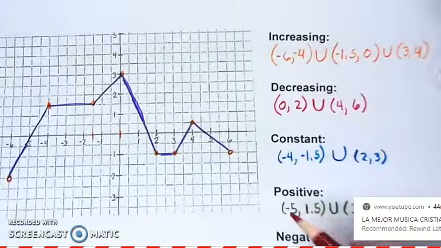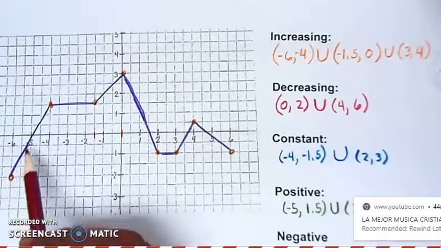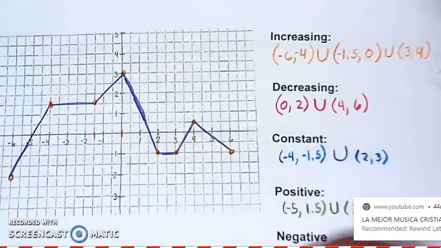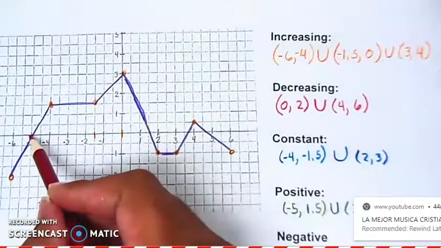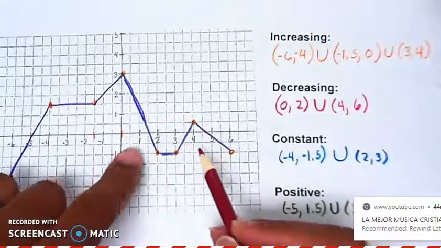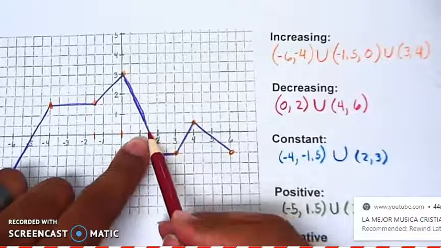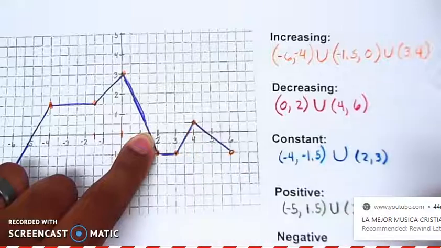All right, so here at the bottom, from -6 to -5, it's going to be negative. That's below the x-axis. From here to here, it's below the x-axis, which means it's negative. And then from about 1.5 to about 3.75, we said earlier.